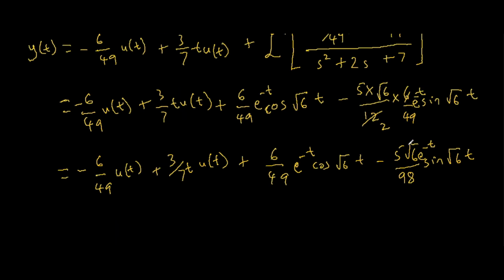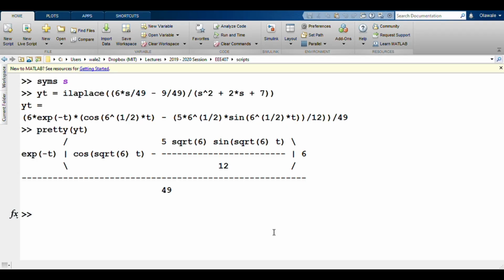Now, if you're somewhat curious to be sure that we actually had the solution, then let's say yt2. Let's say we want to find the inverse Laplace transform of the original expression that we had in the first place, which was 3 divided by s to the power 4 plus 2 times s to the power 3 plus 7, I believe that is.